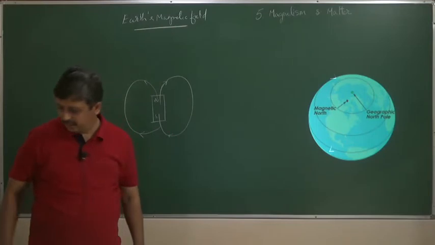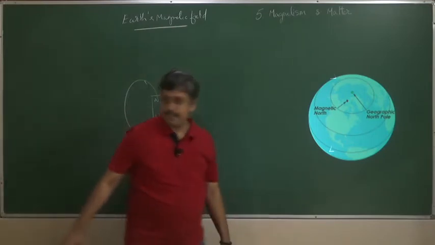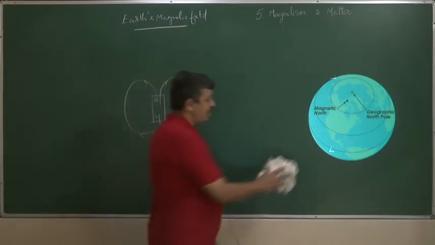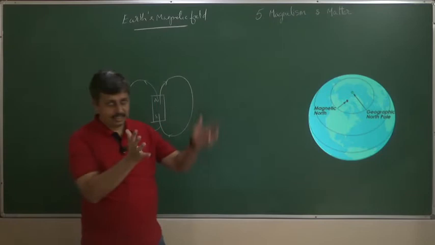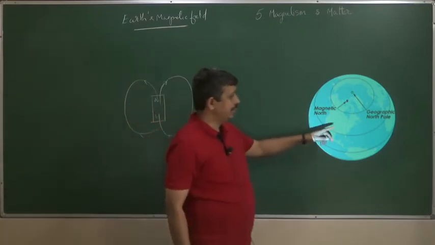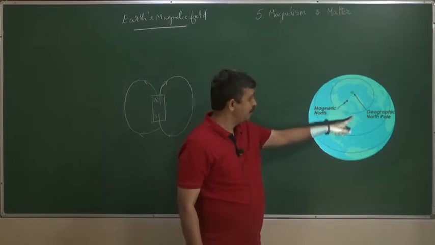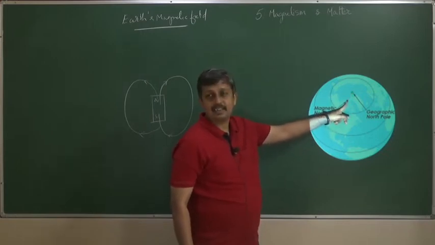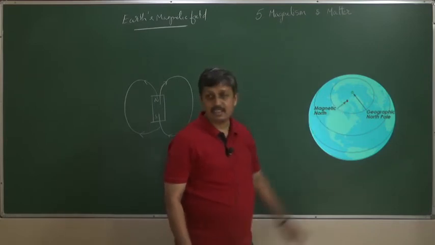So now if you carefully watch the Earth as a sphere, and I am just bending the sphere a little bit, tilted like this, just to show that this is north, the geographical north. From here if you come a little bit this side, somewhere in the top of Canada, you have the magnetic north.